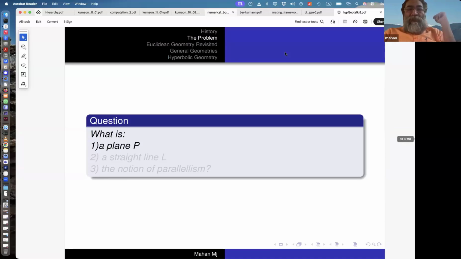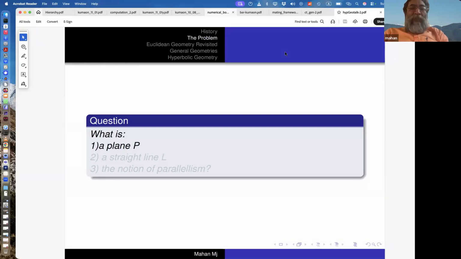So the basic question is, what exactly is this plane P? This plane P, which is taken for granted by Euclid and assumed as a background without further explanation, needs to be understood. And without understanding this background, this context, one cannot answer this question. This is a basic point.